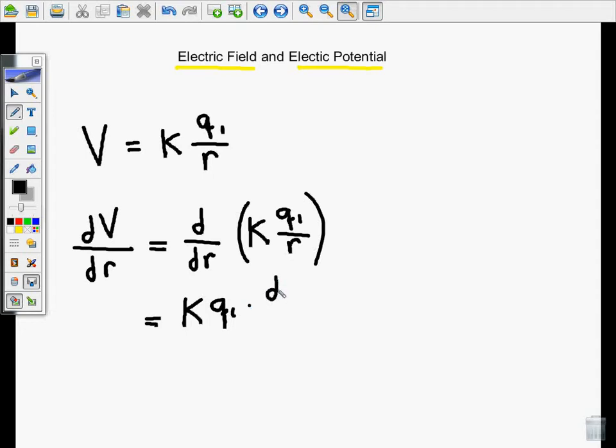So that's the derivative with respect to R of 1 over R.